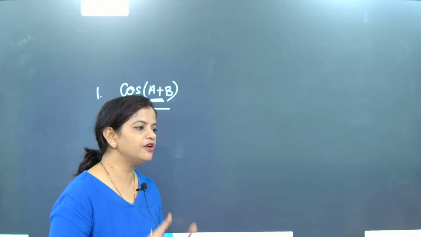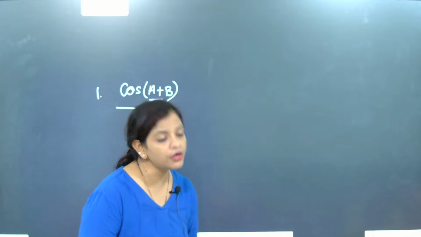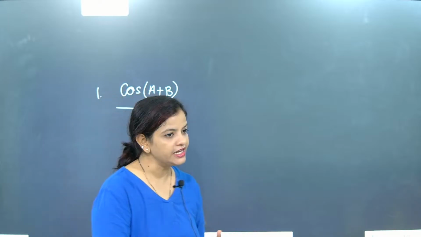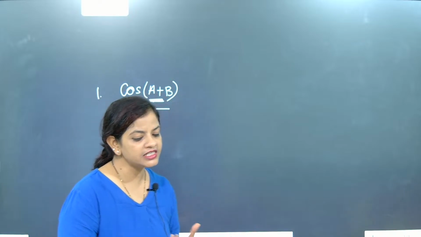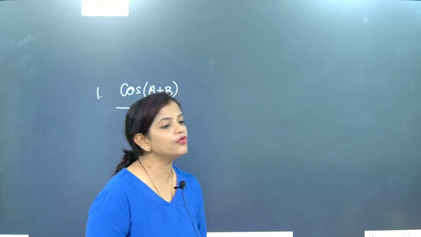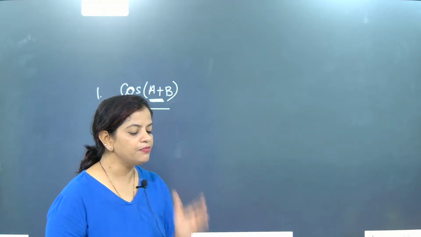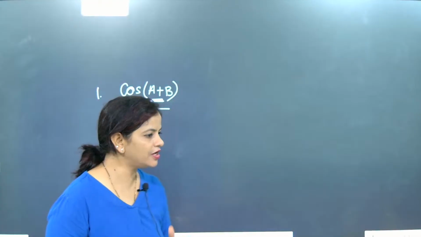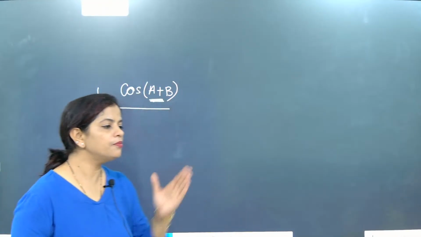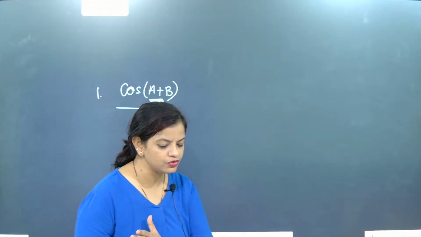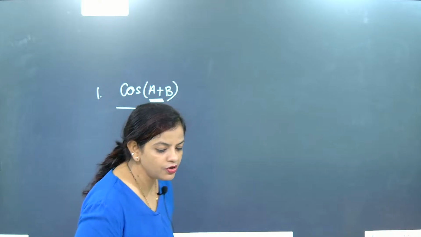Whatever value there is for A and B, it should not exceed 90 degrees. Understood? If it is exceeding 90, what will we do? We will reduce it again and bring it to that limit, and then solve the question. Understood everyone? Beta, are you all ready please?